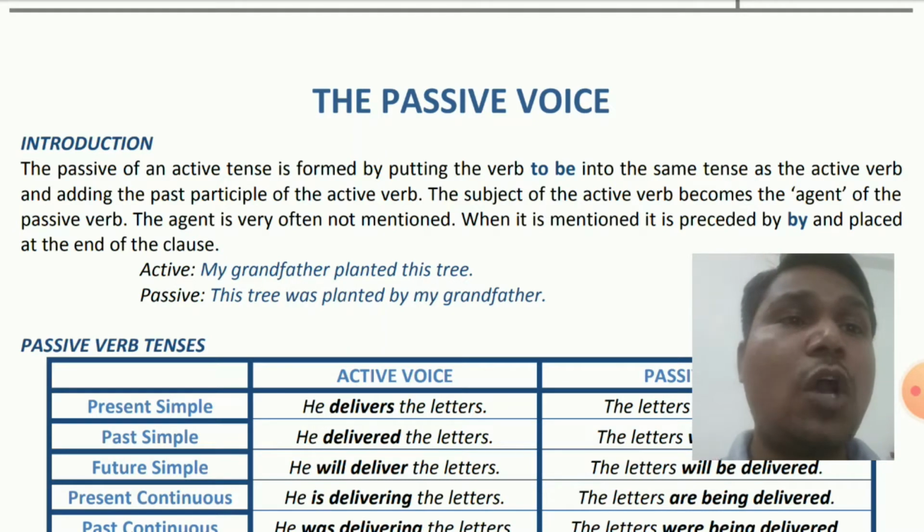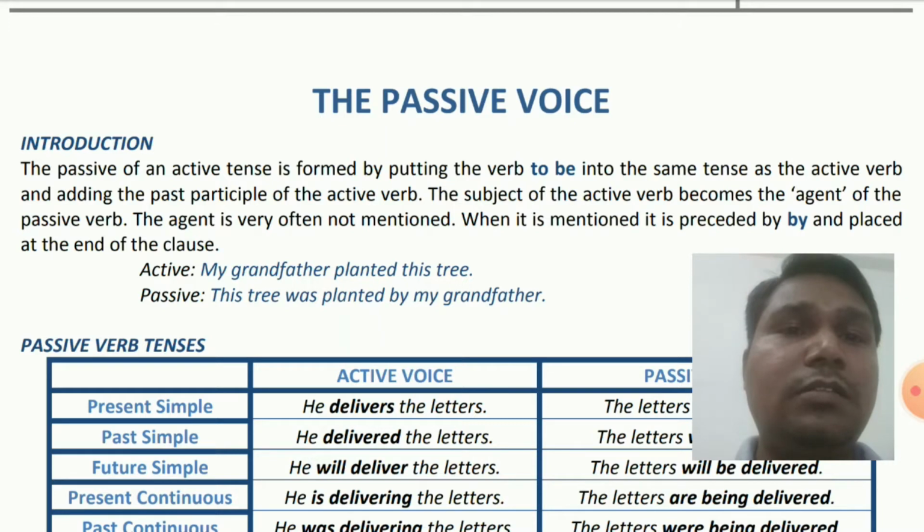The subject of the active verb becomes the agent of the passive verb. Now when you are writing the active voice sentence, whatever the subject will be there, that will become the agent in the passive voice when you change active to passive.